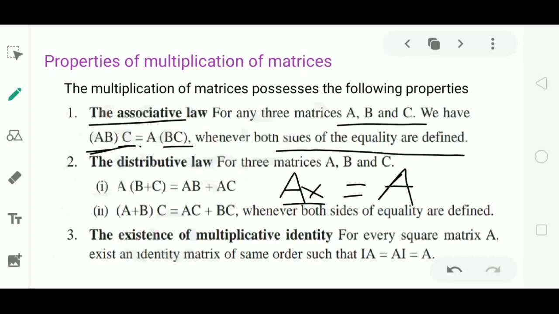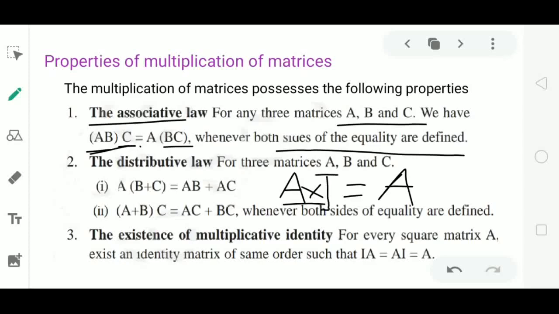So, which matrix can be the multiplicative identity here? We know that identity matrix is a square matrix with all diagonal entries 1 and non-diagonal elements 0.